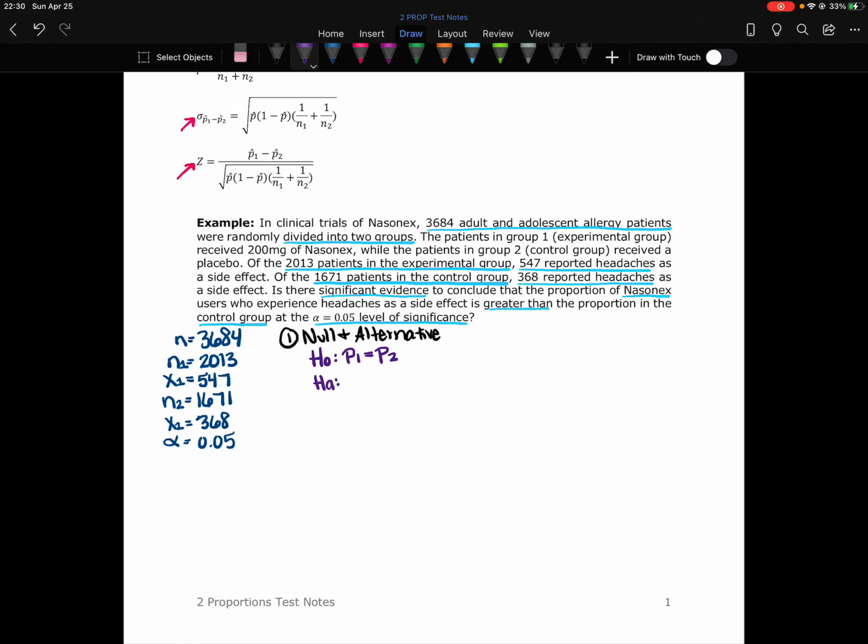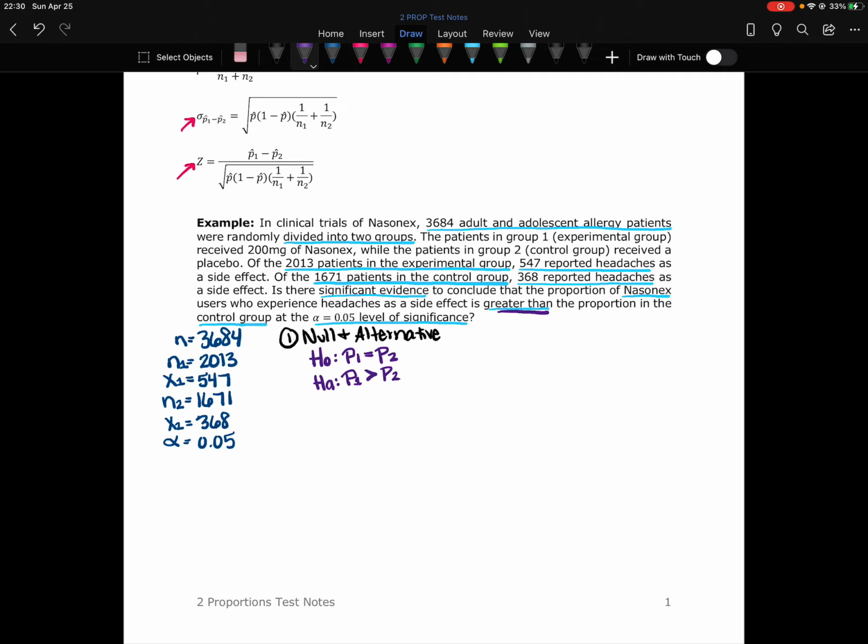And then we want to know, is the proportion of people on Nasonex getting headaches greater than the proportion from the control group? So Nasonex was the experimental group, that was group 1. So is the proportion for group 1 greater than the proportion for group 2?